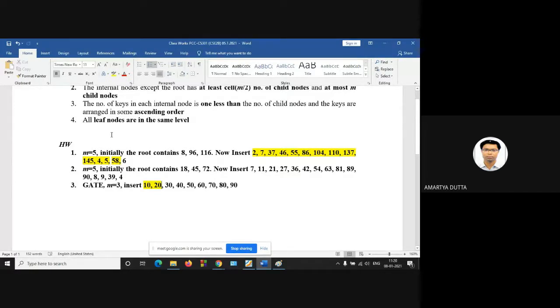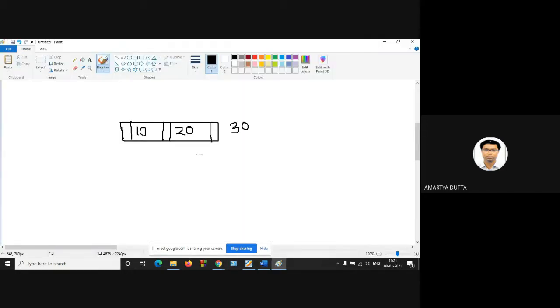Any node can contain up to m minus 1 number of keys, right? So 10 and 20 are inserted safely. Now we have to insert 30. So if we insert 30, then we have to split this node.